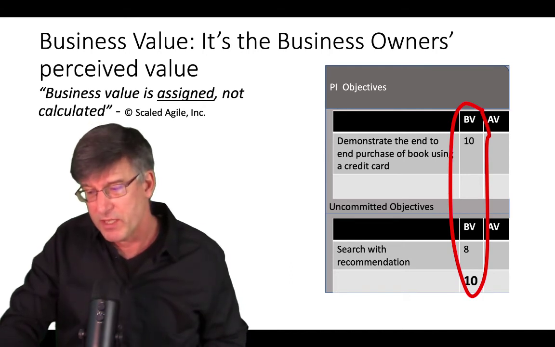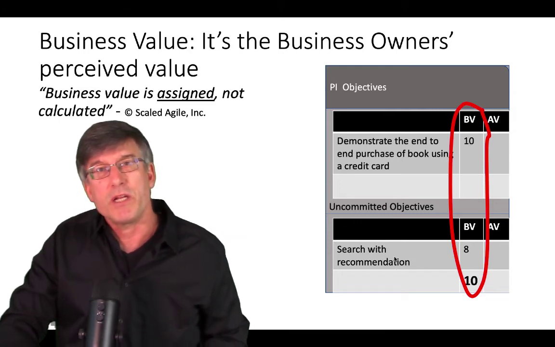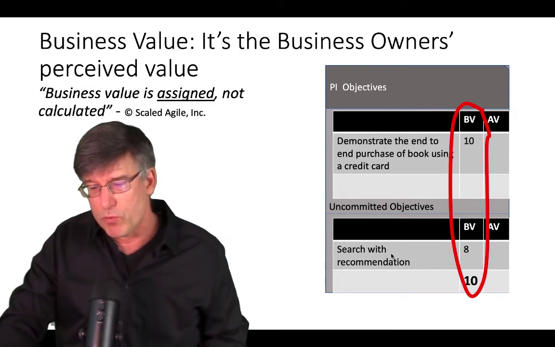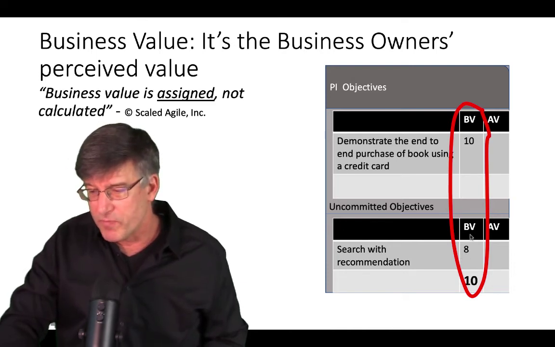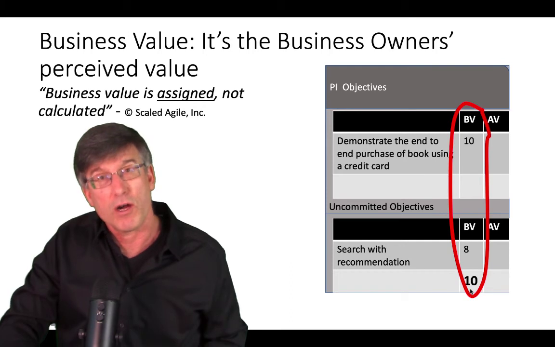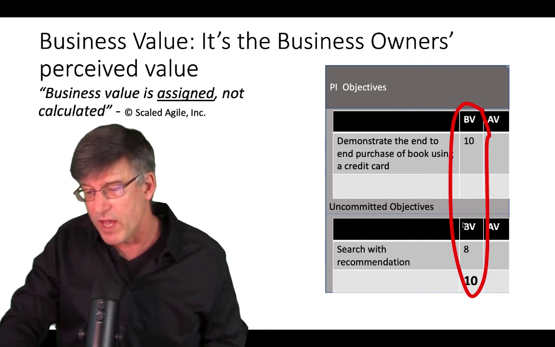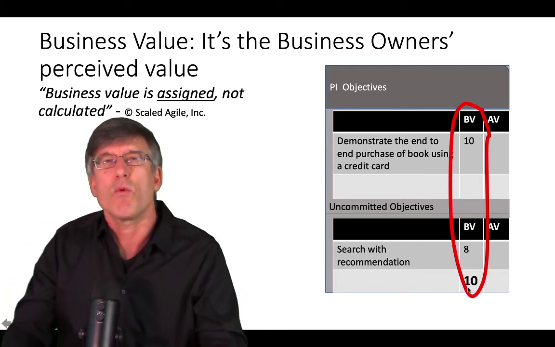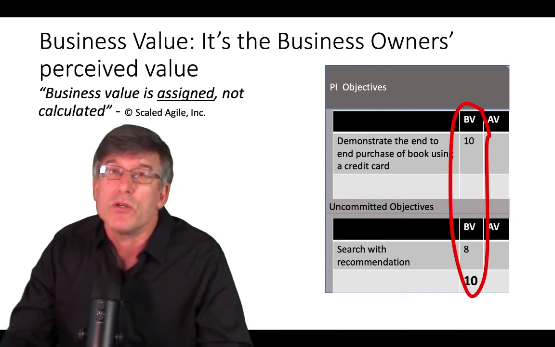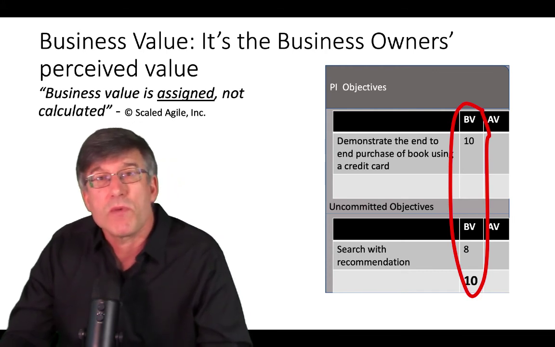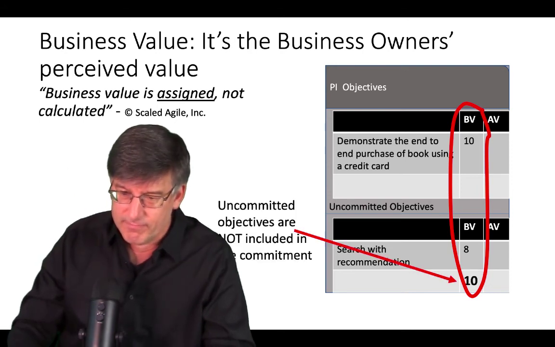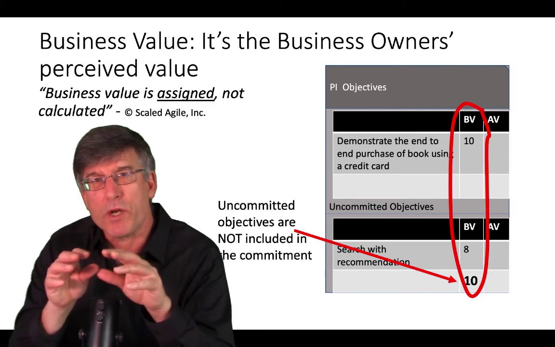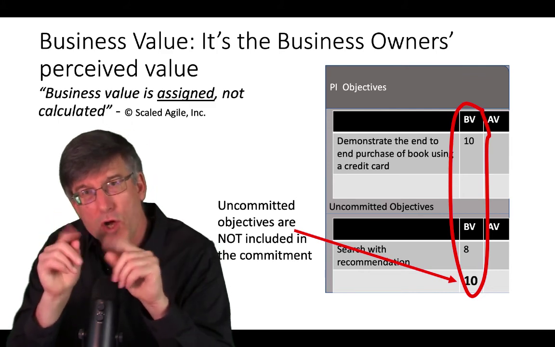So this is something that's pretty important to them. Our uncommitted objective is search with recommendation, and they said, hey, that's worth about an 8. But you notice that does not form part of our commitment. So for the business value, what we're committing to here is to deliver 10. So, important: uncommitted objectives are not included in the commitment.